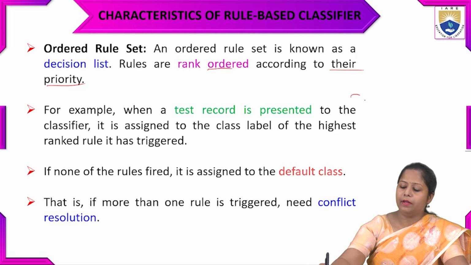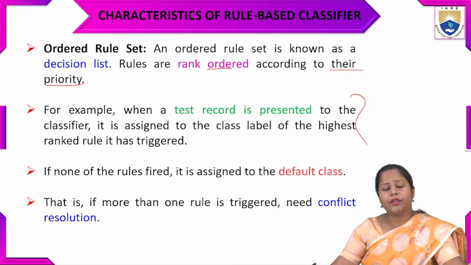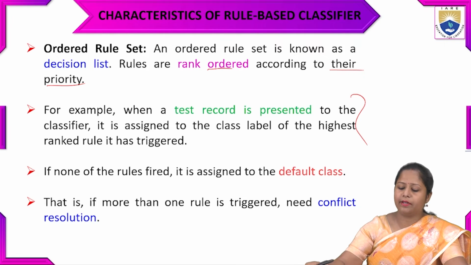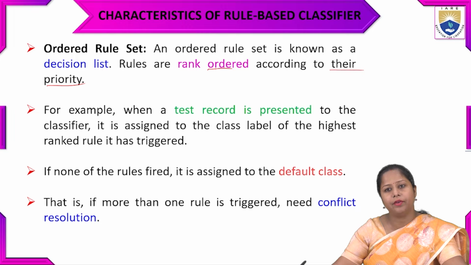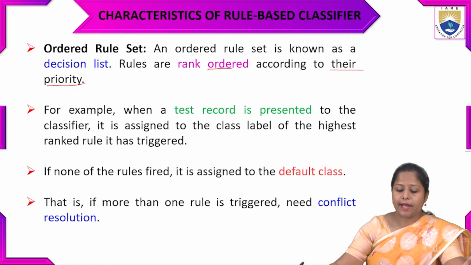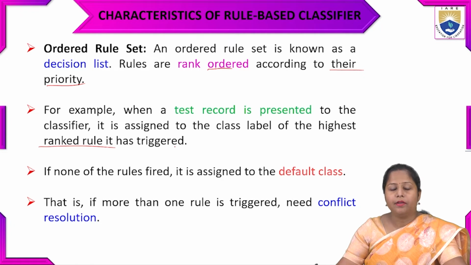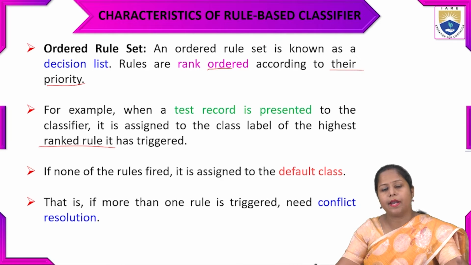For example, when a test record is given to the classifier, it is going to assign the class label of the highest ranked rule that is triggered. Whatever the highest priority rule is, the classifier keeps it as the highest ranking.